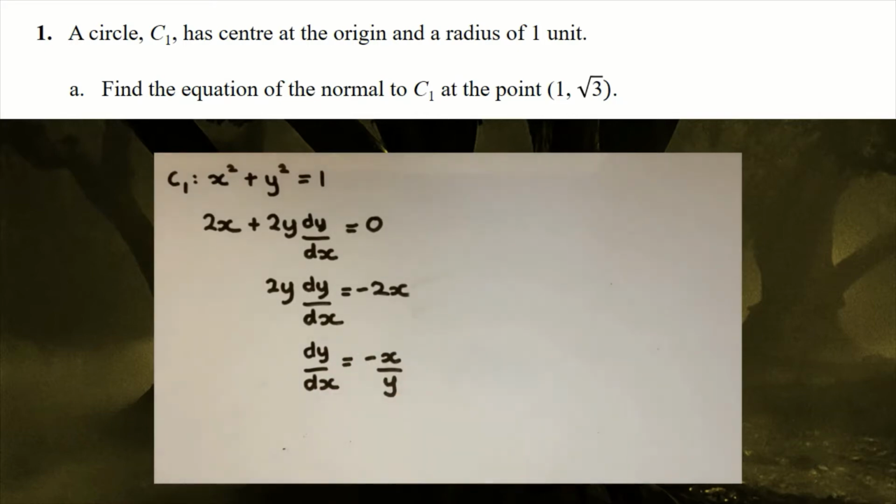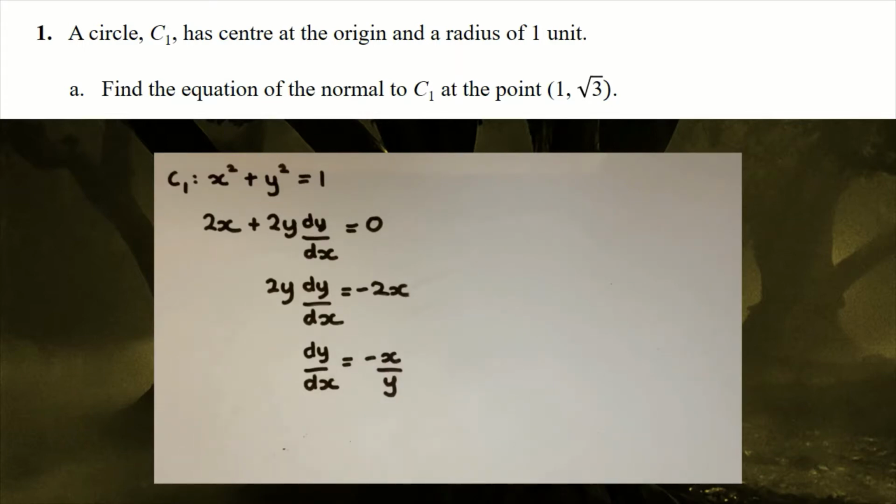So this is the general expression on the right hand side for the gradient at any point on the curve x squared plus y squared equals 1, which is a circle, of course. Now we're interested in finding the normal. To get the normal at a particular point, first of all, let's sub in the coordinates into the expression for dy by dx.